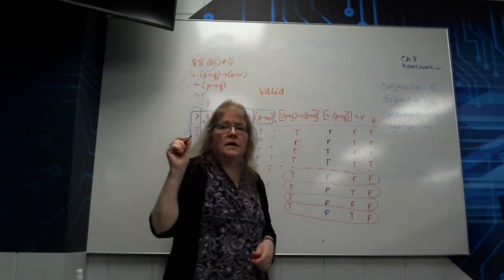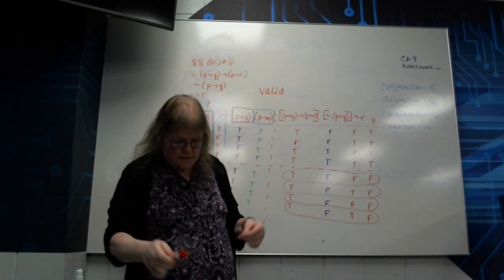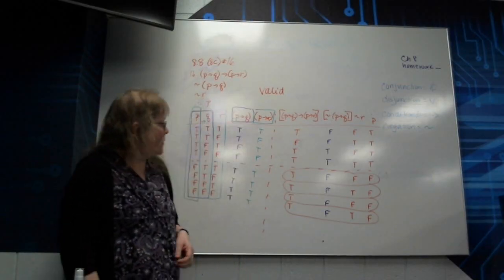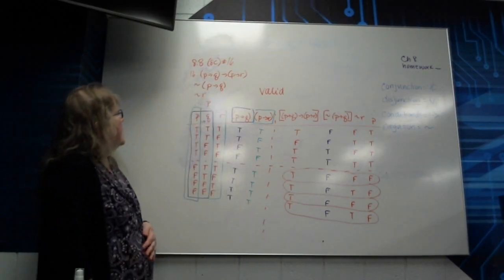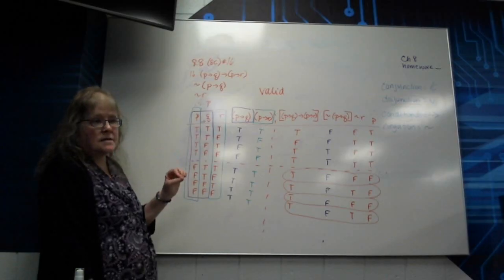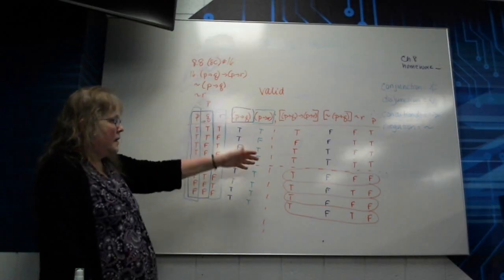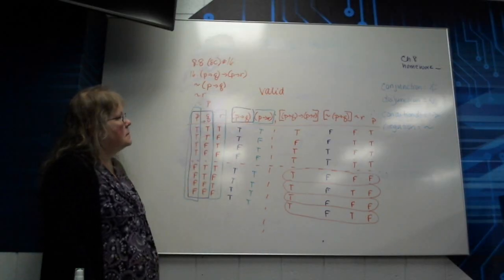You can tell I did not write these arguments because most of mine end up being invalid, but this one's valid, so that's how that works. Okay? Like I said, it's a little complex, but when you break it apart and do it step by step, you get to the end, everything's glorious.